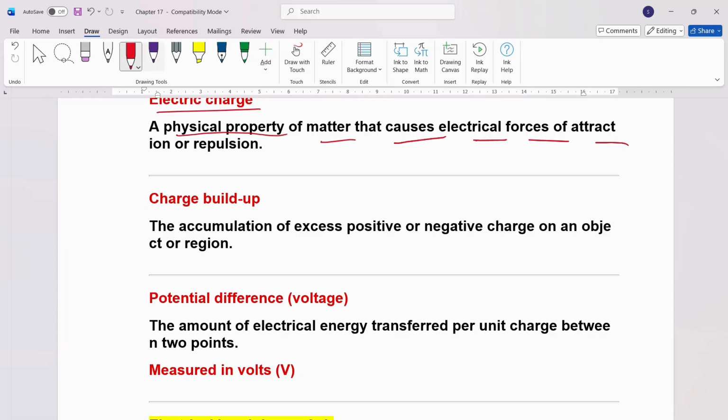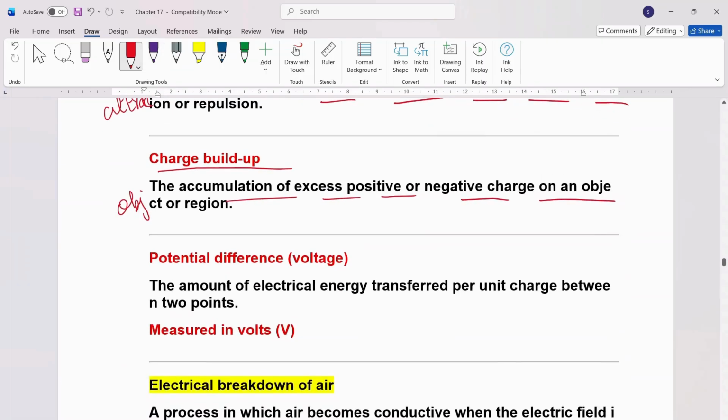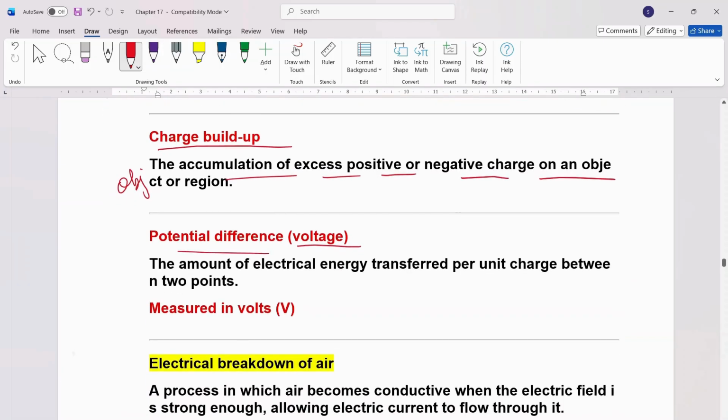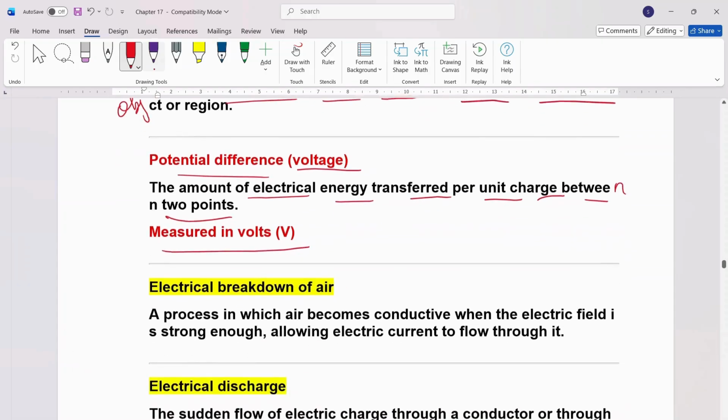Charge buildup, the accumulation of excess positive or negative charge on an object. Potential difference or voltage, the amount of electrical energy transferred per unit charge between two points, measured in volts.